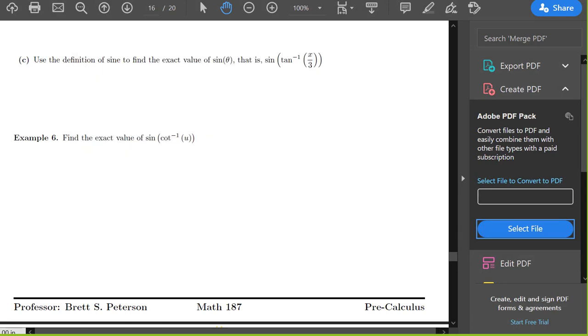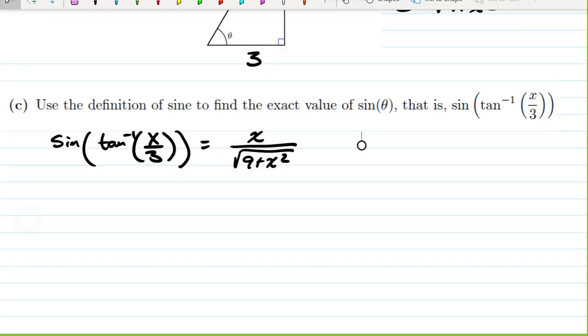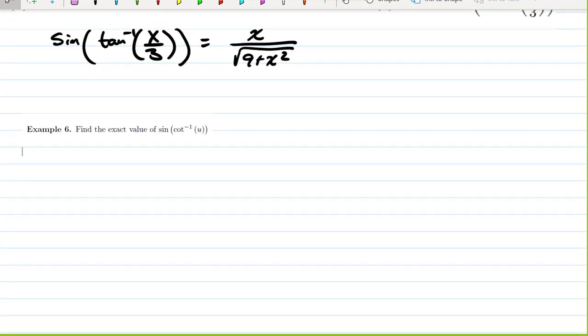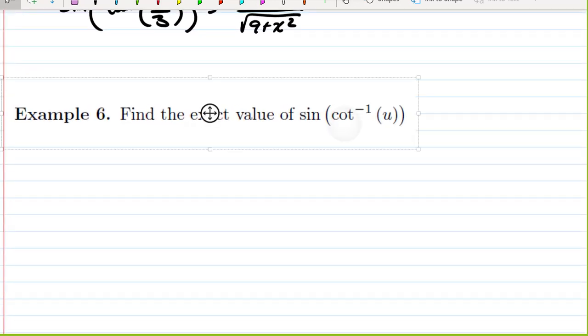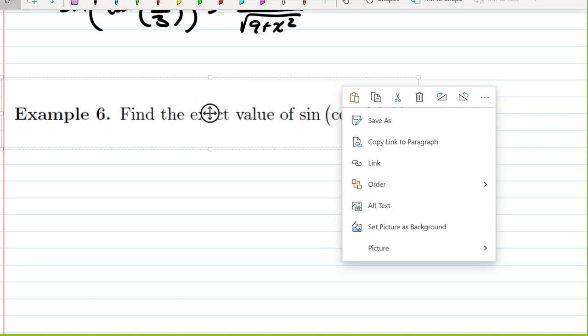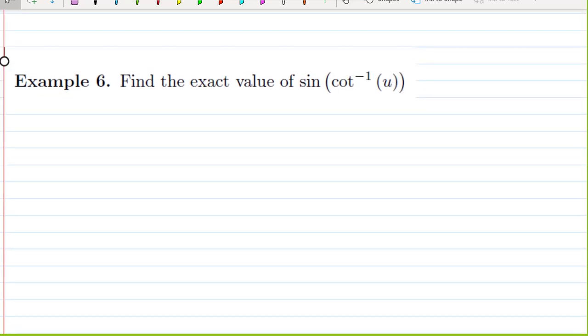So this one is asking us to do exactly the same thing. It just didn't scaffold out all of the steps. So we look at our inside function, and we have cotangent. So cotangent is adjacent over opposite. So I'm going to write u as a fraction over 1.